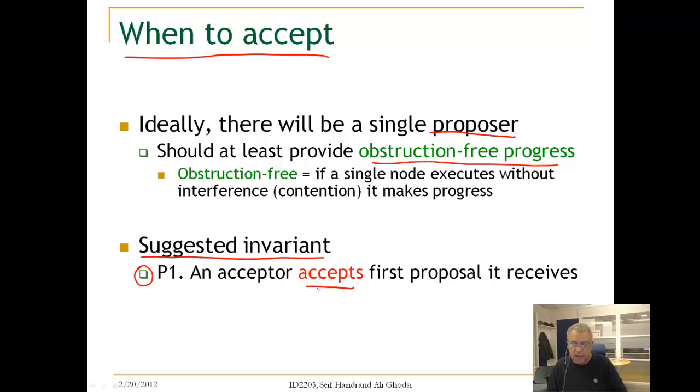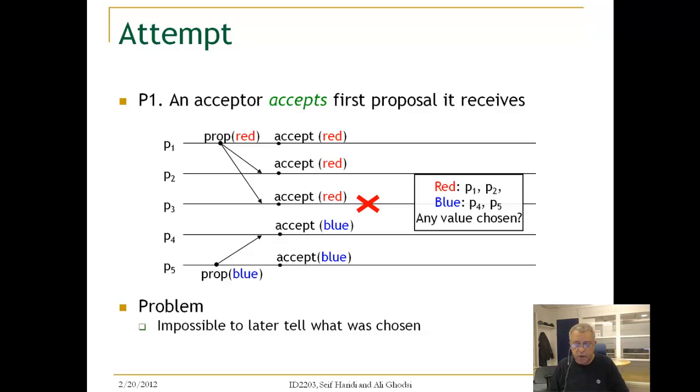So let us now see what would happen with this simple algorithm, where proposers just propose and acceptors accept the first proposal. We want to satisfy this property: an acceptor accepts the first proposal it receives.